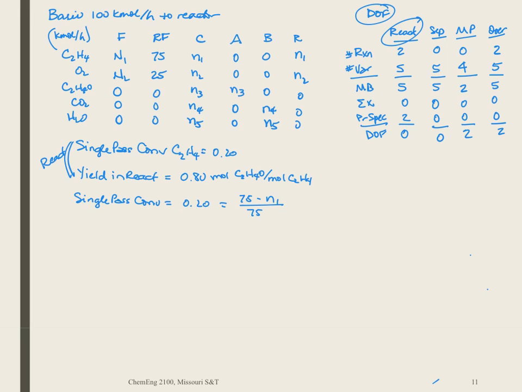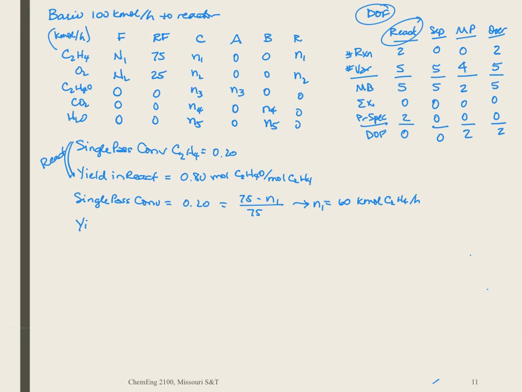So I can use this to solve for N1. And so N1 is 60 kilomoles of C2H4 per hour.